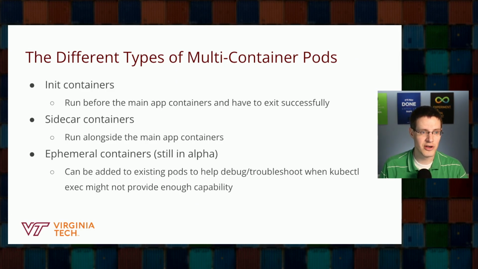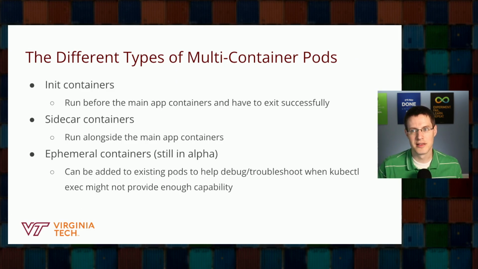And ephemeral containers are a new concept that are coming along. They're still in alpha stage right now, but I'm super excited for them because they open up a lot of neat possibilities when it comes to troubleshooting and debugging. Basically, I've already got a pod running. Now I launch a new container within that pod that shares the same namespaces, but since it's a new container, I can add tooling to it.